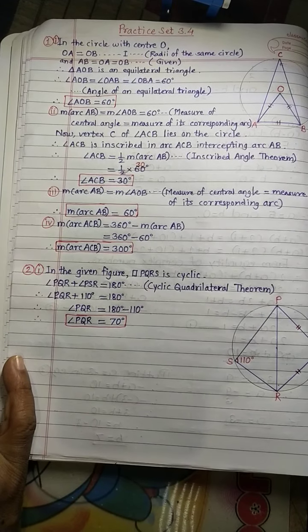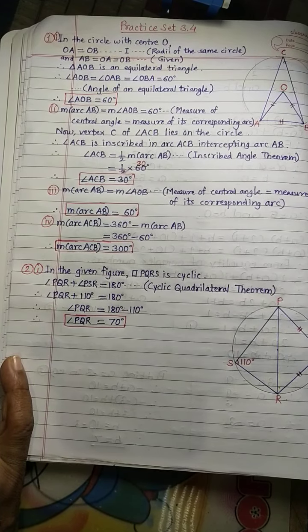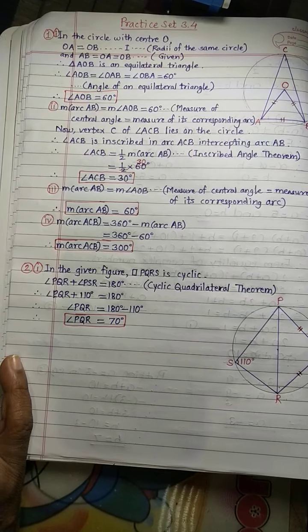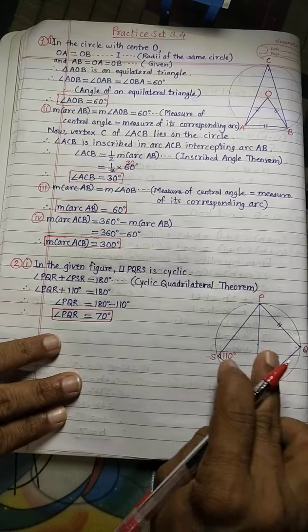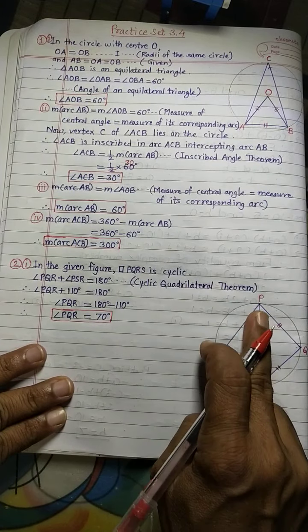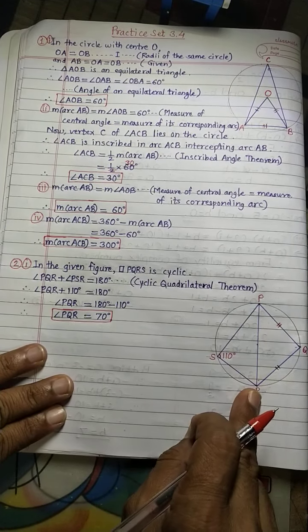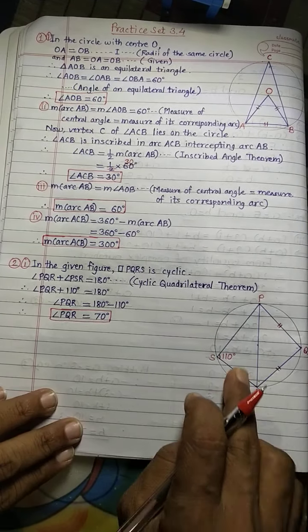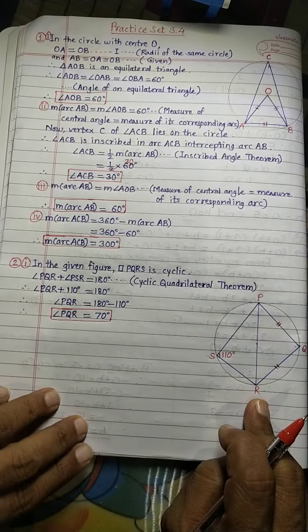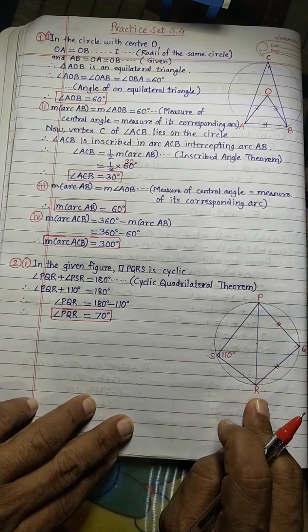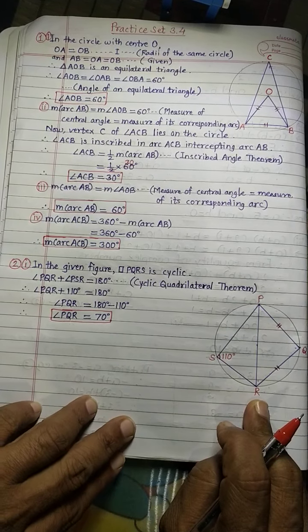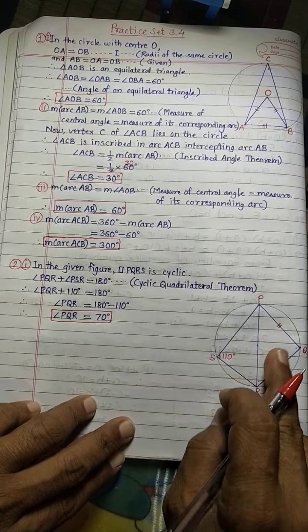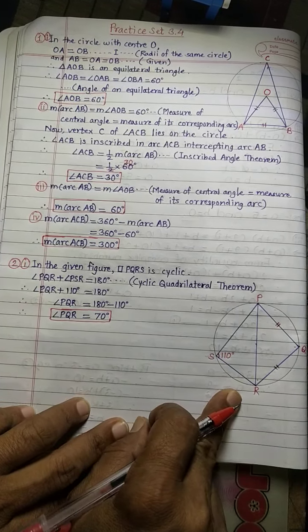Okay, now we have to find out the measure of arc PQR. Here angle PSR is inscribed in arc PSR and intercepting arc PQR.